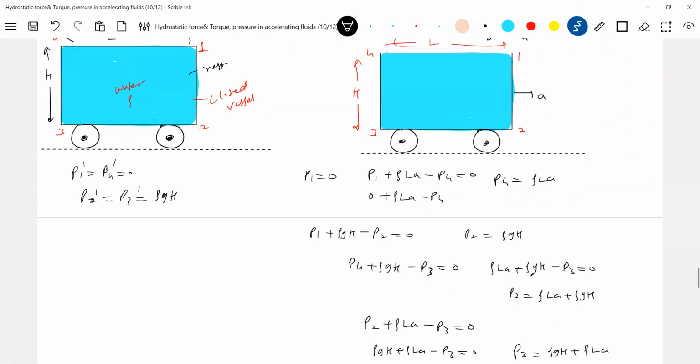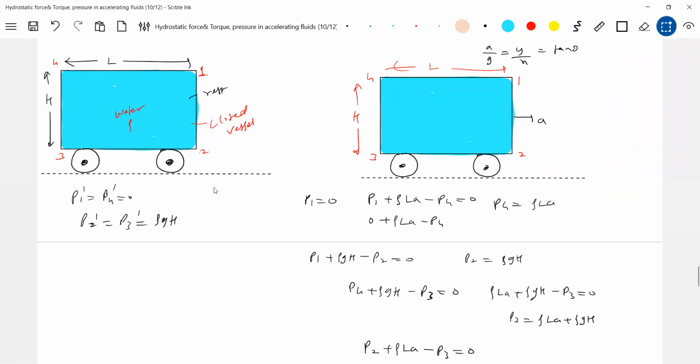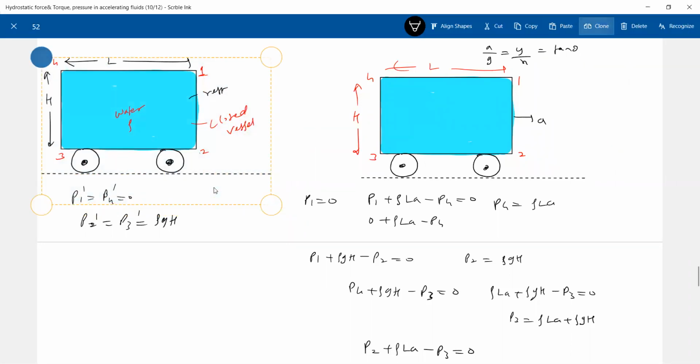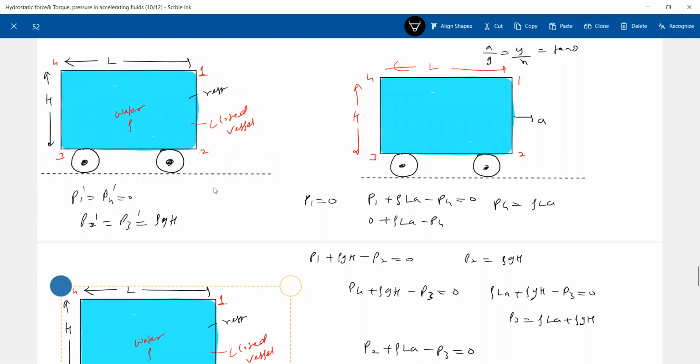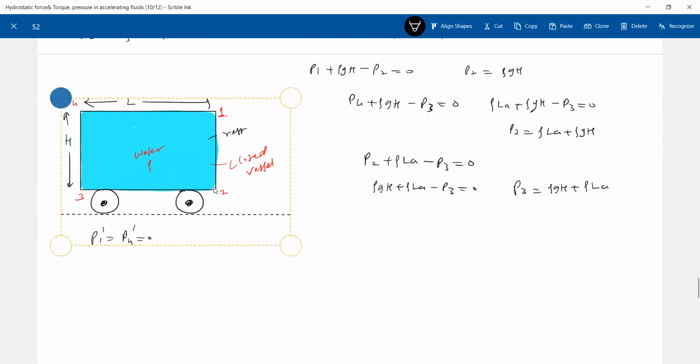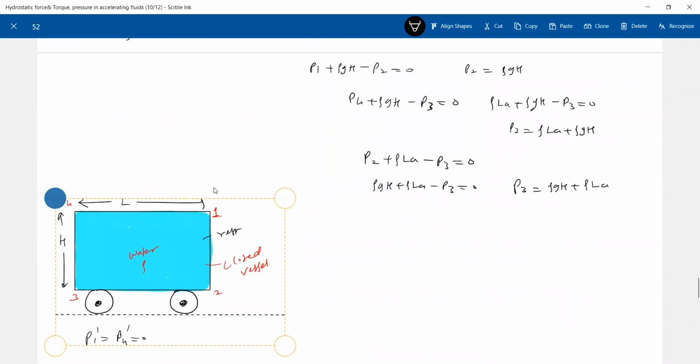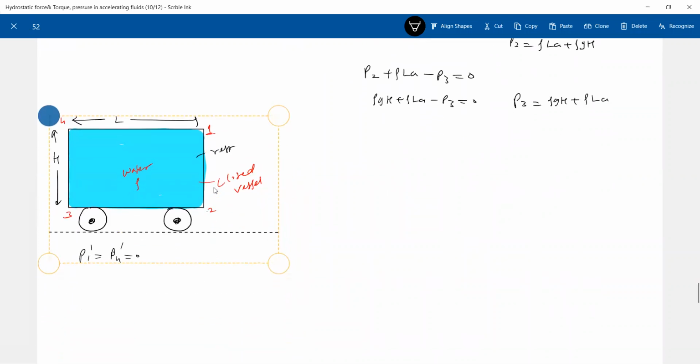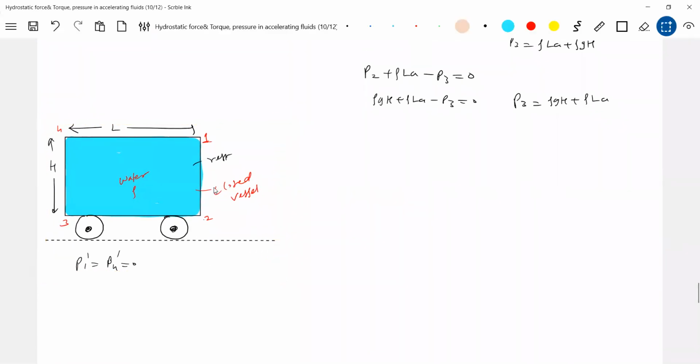No, let me go for a situation. Let it be partially filled. Half of the volume I'll fill up.